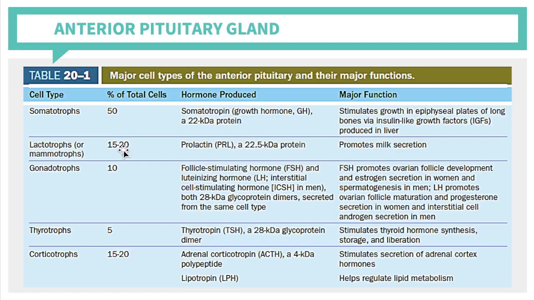Remember that. Now, what are those alpha cells? Alpha cells are your somatotropes and your lactotropes. Again, remember, alpha cells are somatotropes and lactotropes, while gonadotropes, thyrotropes, and lastly corticotropes are your beta cells.